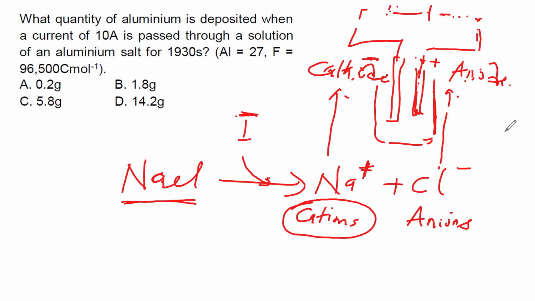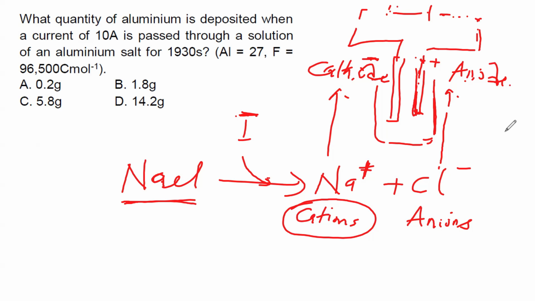And why is it called the cathode? Because the cathode has sufficient electrons, while the sodium ions have insufficient electrons. So for them to become neutral, they need to go to the cathode and gain electrons.